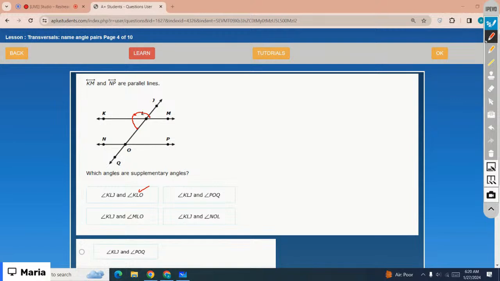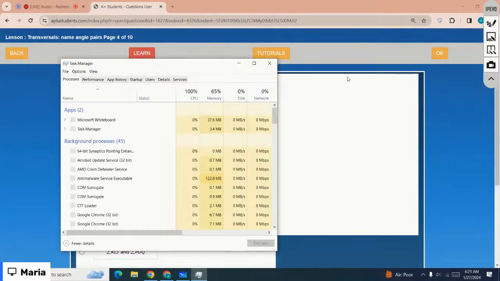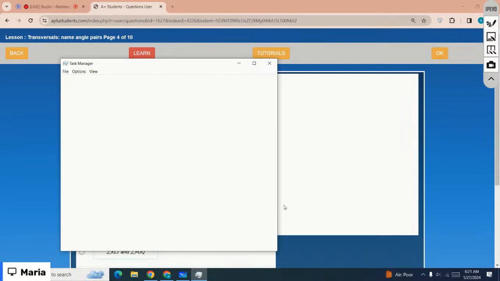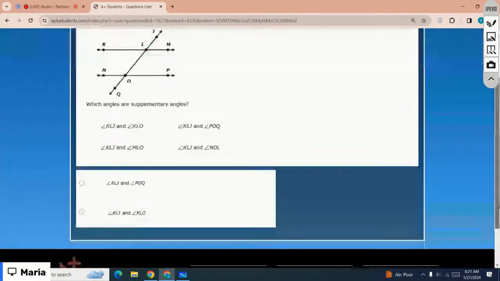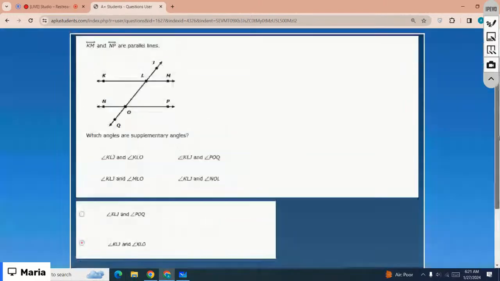Option KLJ and KLO is the correct option. This is the correct one, right?